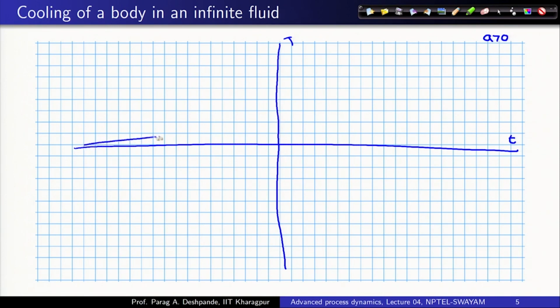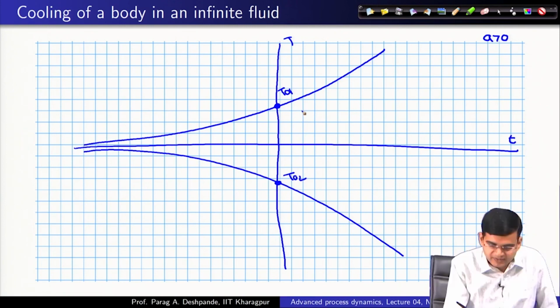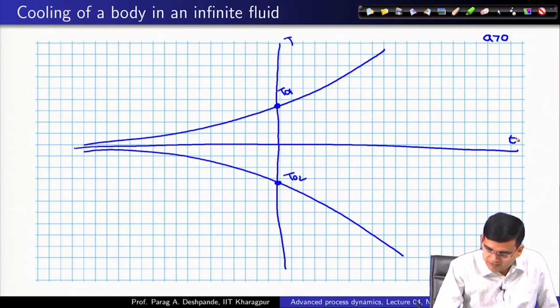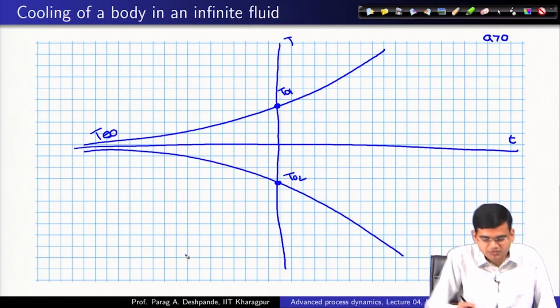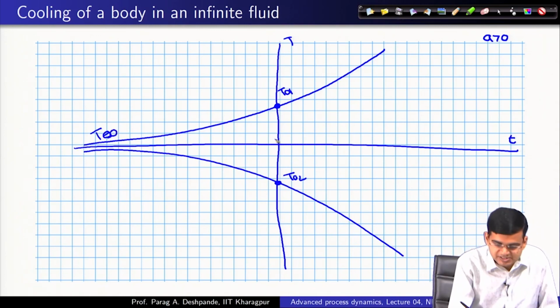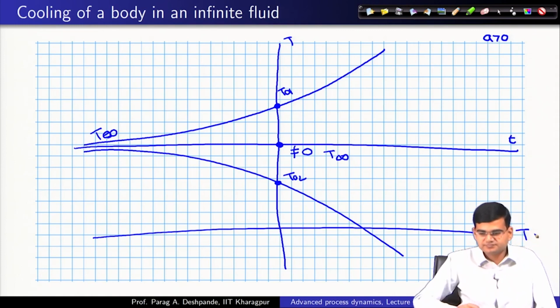You start with t 0 here, and you diverge, and similarly you go here, this is t 0 2, and this would be your t infinity. So, you will need to shift the axis, so this is not 0, this is t infinity. You can draw the x axis like this. So, this is t.